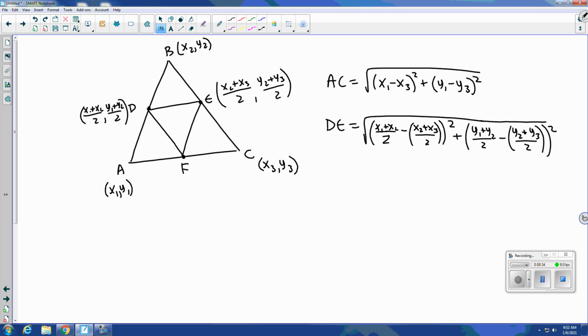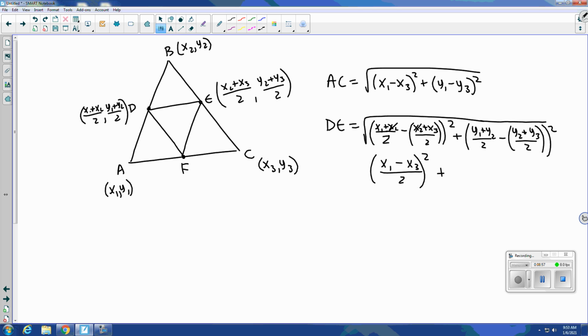relationship. So we can work with this parenthesis first, and then we'll see what results from that. So if we distribute that negative, you'll notice that the x2's cancel. And what we're going to have is x1 minus x3 over 2 squared.